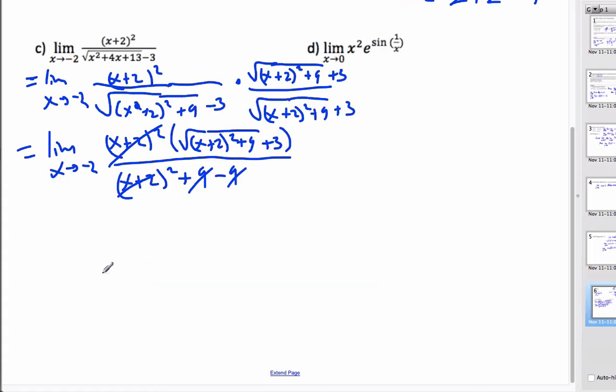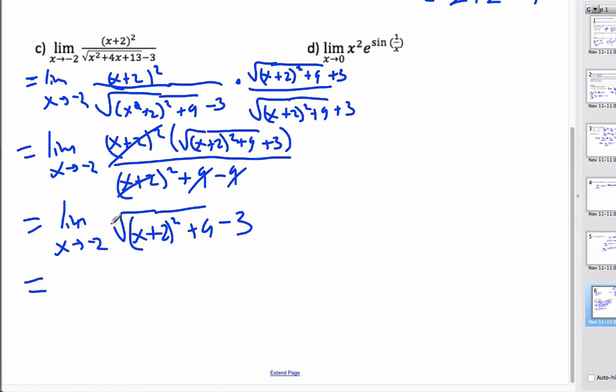So this just equals the limit as x tends to negative 2 of root of x plus 2 squared plus 9 plus 3. Now we have no problem substituting in x equals negative 2. This becomes 0, and we have root 9 plus 3, which is 3 plus 3 equals 6.